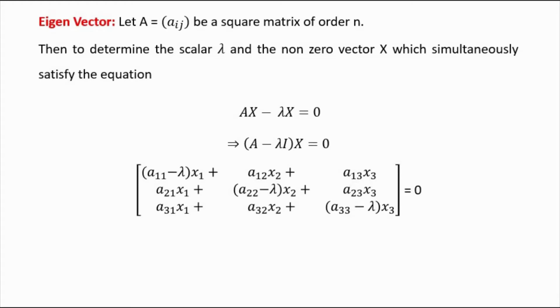Here since A is taken as a 3 by 3 matrix, X will be a 3 by 1 matrix, not 3 by 3. So it will be the column vector x1, x2, x3.